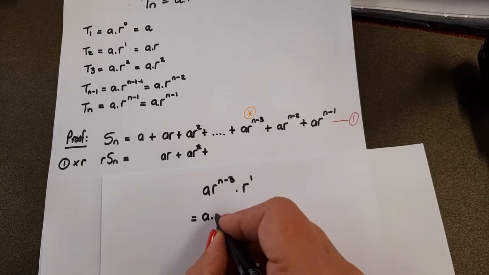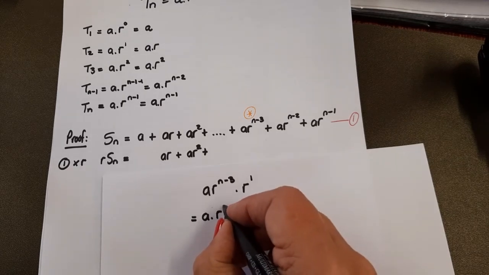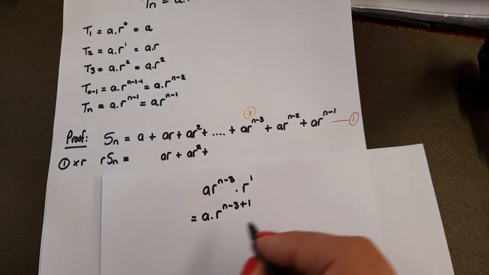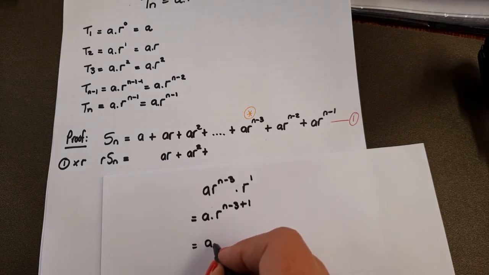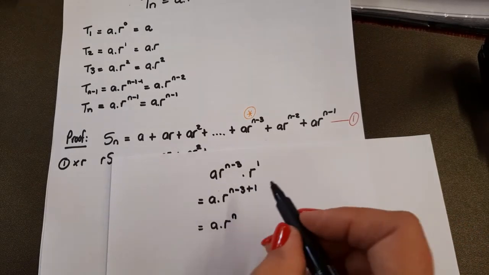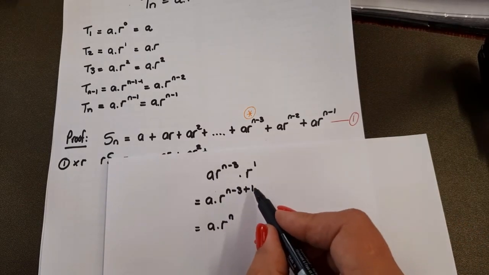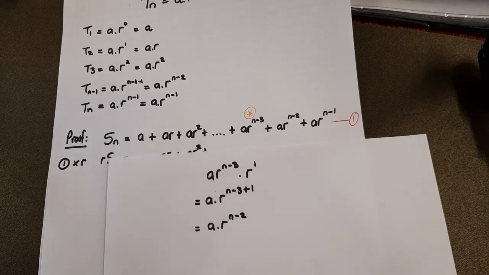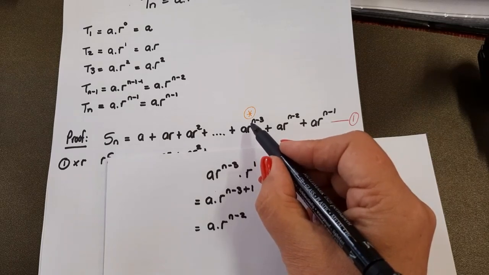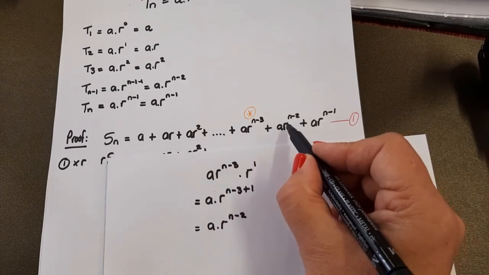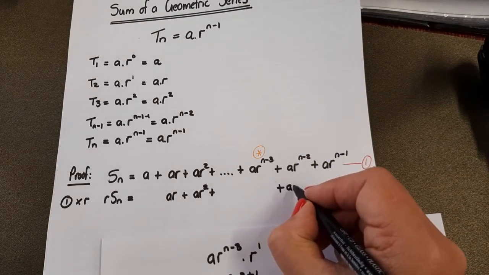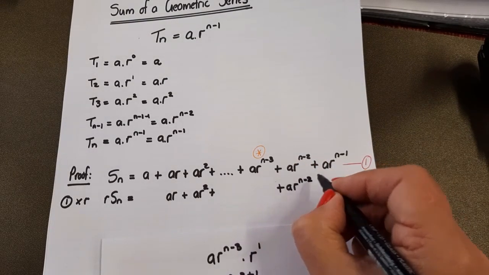So I have ar to the power of n minus 3 plus 1. And this will be a times r to the power of n minus 3 plus 1, which gives you n minus 2. So if I multiply this with r, I will get a similar answer to that one. So it's ar^(n-2).